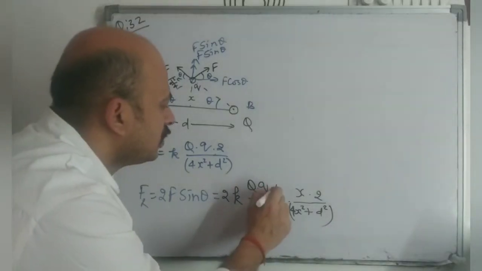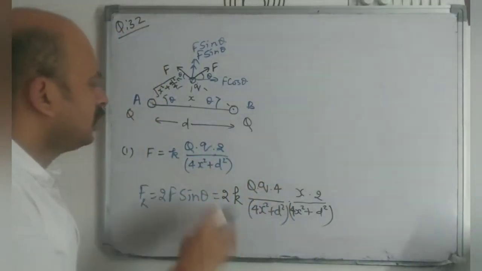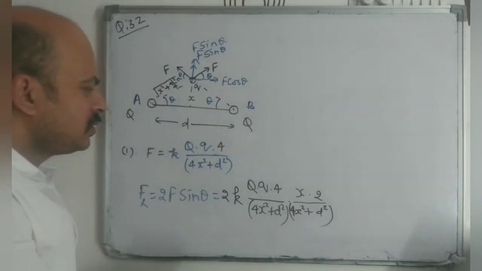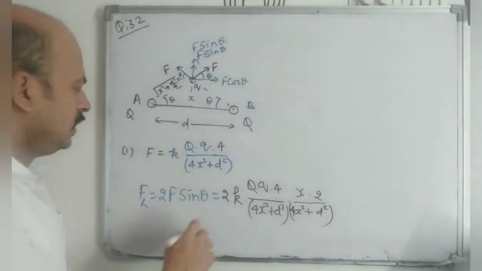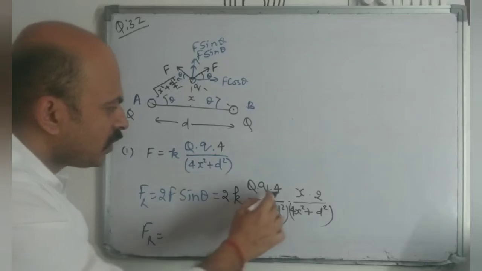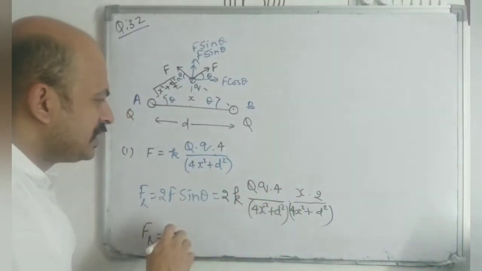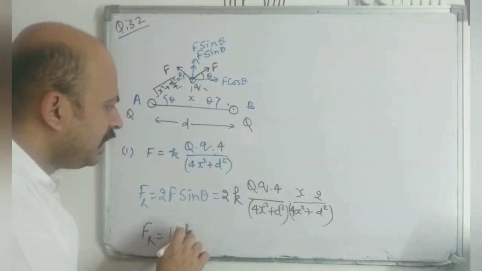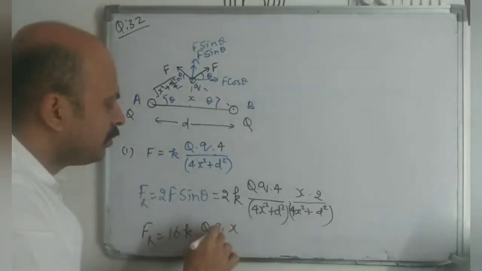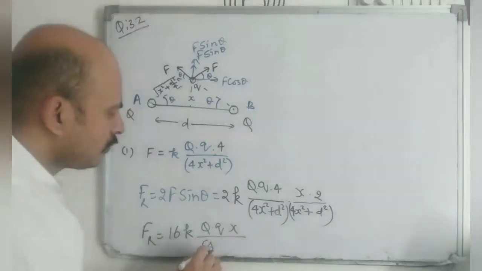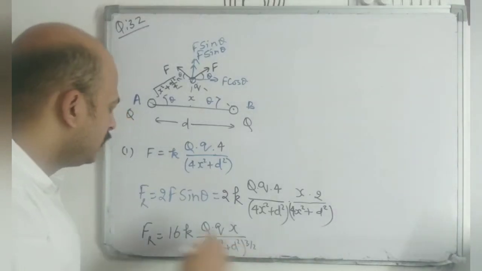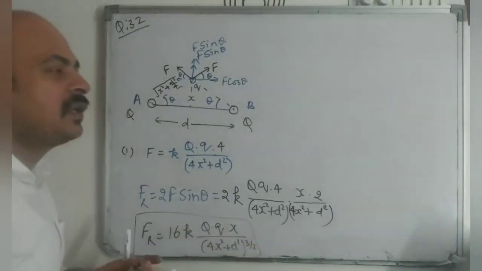Here this is 4, that will be 4. So F resultant will be equal to 2 fours are 4, 4 fours are 16, K capital Q small q x upon 4x square plus d square to the power 3 by 2. That will be the resultant force acting on this.